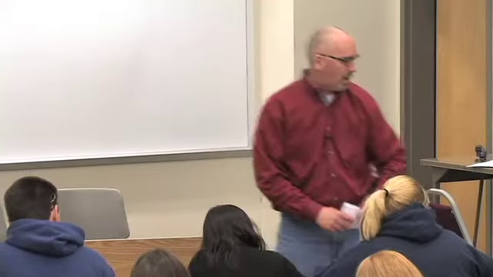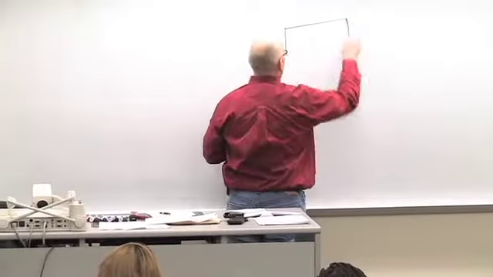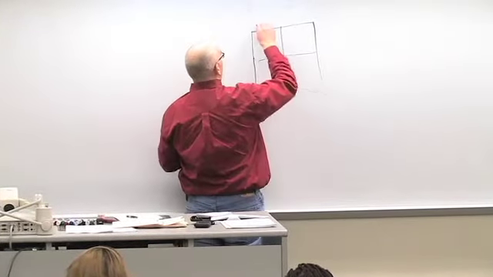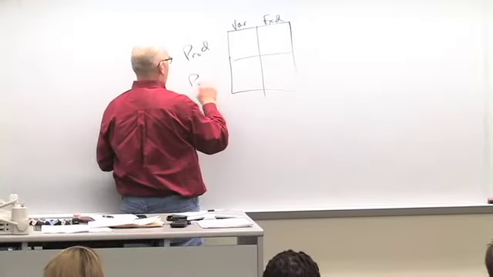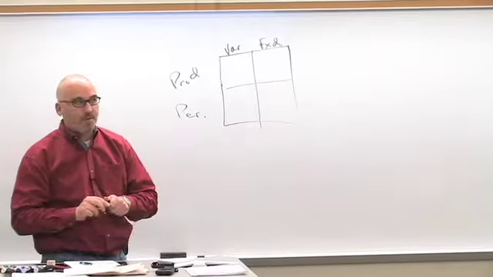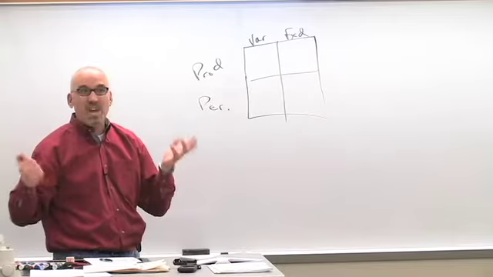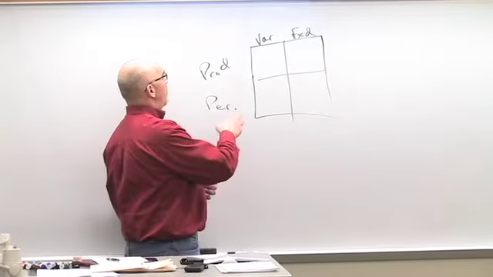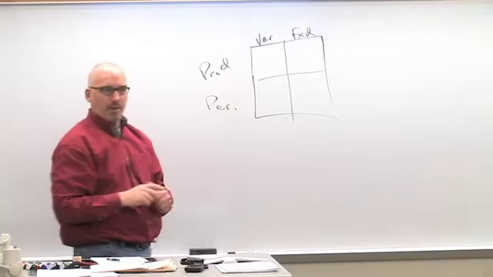Across the top, variable and fixed, and variable, fixed, product, period. What the box is supposed to illustrate is that any cost we might name or think about is both variable or fixed and a product or a period cost.